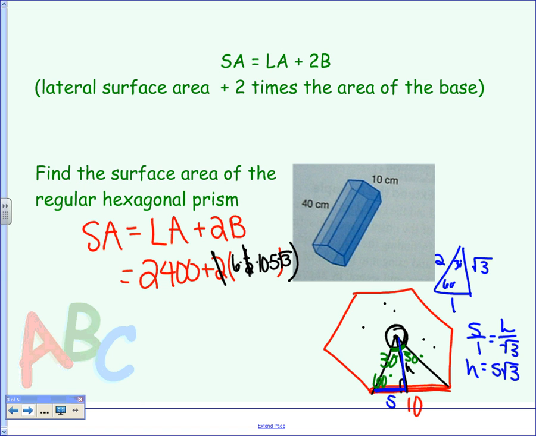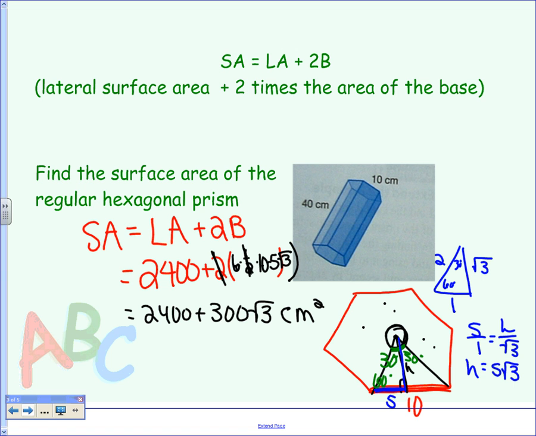And then we have 6 times 10 times 5, which is what? 300, yeah. And then we just have the square root of 3 behind it. And it's in centimeters squared. Does that make sense? Do you see how that works? Anything I need to go back over?